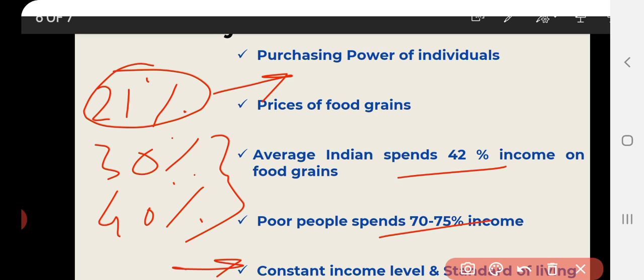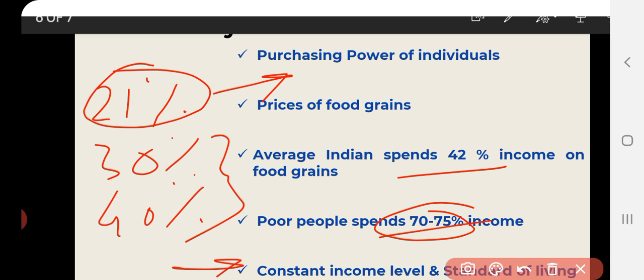Whether poor people are in a position to purchase this amount of food grains from the market, whether their income is enough, as they spend most of their income on food grains itself, then what about other commodities? How do they purchase vegetables, fruits, eggs, milk products, edible oil, sugar, jaggery and other essential commodities? So this is the important question regarding the affordability of food grains.